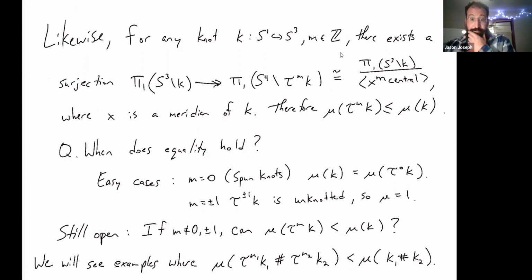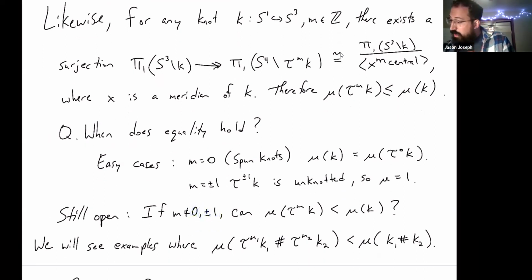And when m is plus or minus 1, and only in those cases, the one twist spin is always unknotted, so it has meridional rank 1. So it makes sense to ask, except for these sort of silly cases, can this be strictly less?